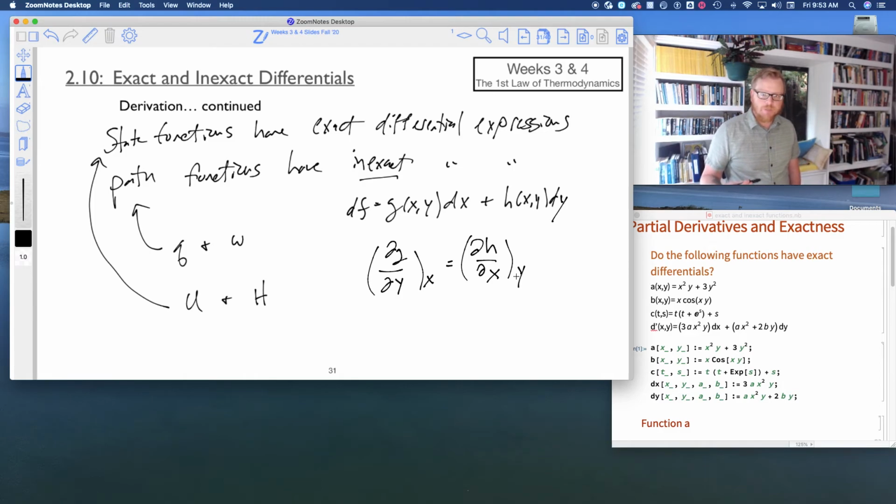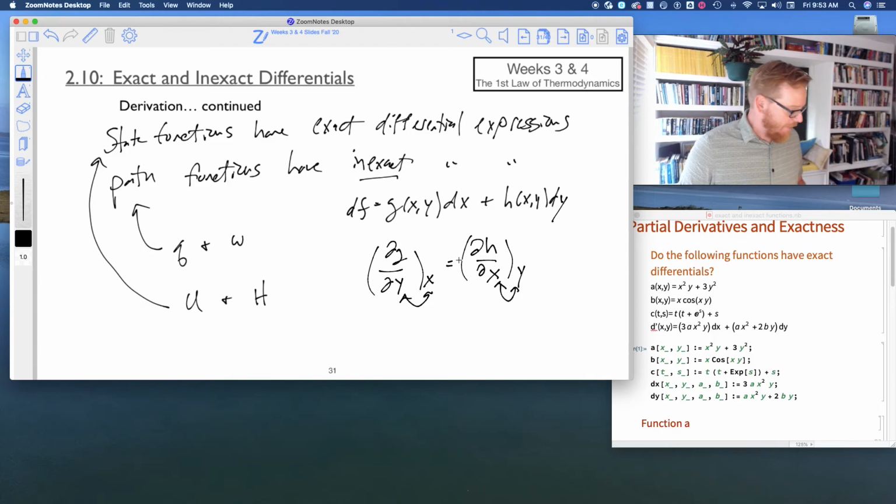Right? So because the first derivative of this function's already been met, okay, then the partial of g with respect to y at constant x has to equal the partial of h with respect to x at constant y. So notice the switching of the order. And thus df would be exact if this is met.